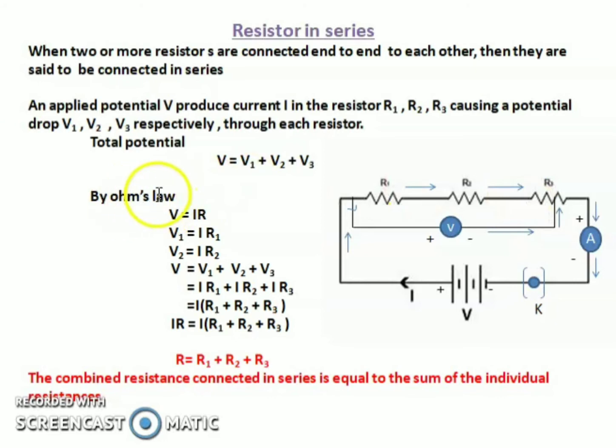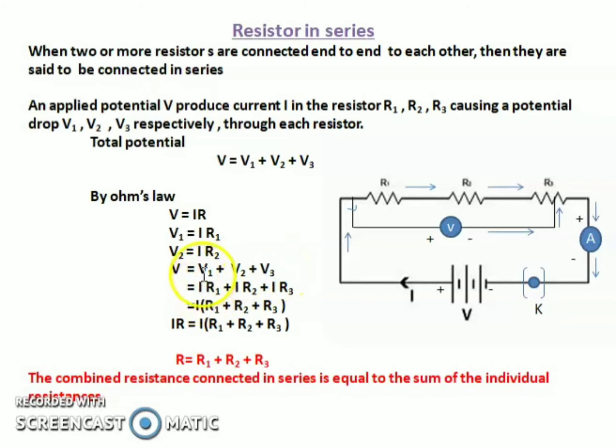By Ohm's law, V is equal to IR. So V1 is equal to I into R1, V2 is equal to I into R2, and V3 is equal to I into R3. Now substitute in V is equal to V1 plus V2 plus V3.